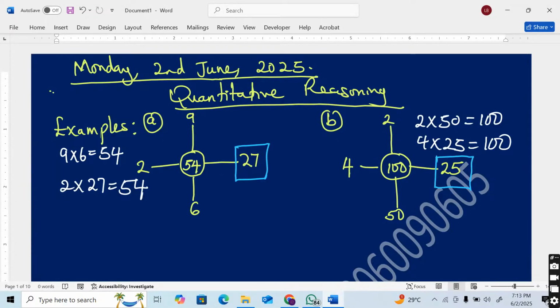Yes, I'm waiting. How can we get 27? Type it in the chat.